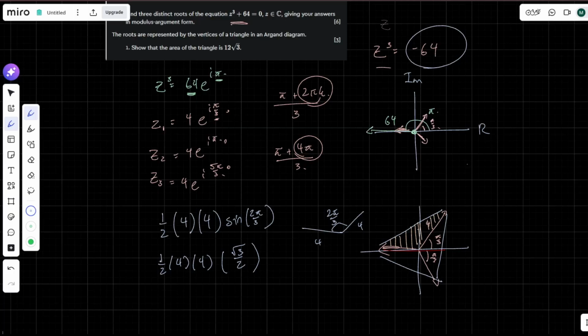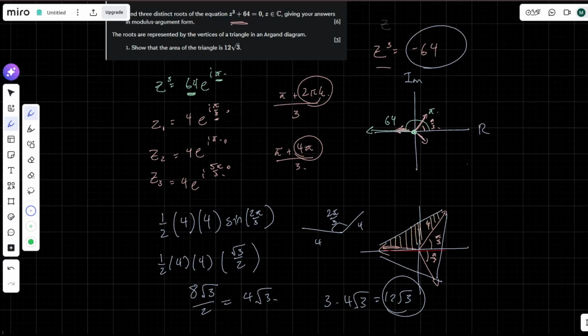And then this would simplify. 1/2 times 4 is 2. 2 times 4 is 8. So we've got 8 root 3, but then we've got it over the 2, right? So each triangle is 4 root 3, and hopefully there are 3 of them. So if we do 3 times 4 root 3, we get 12 root 3, which is what they are looking for, the area of the entire shape.